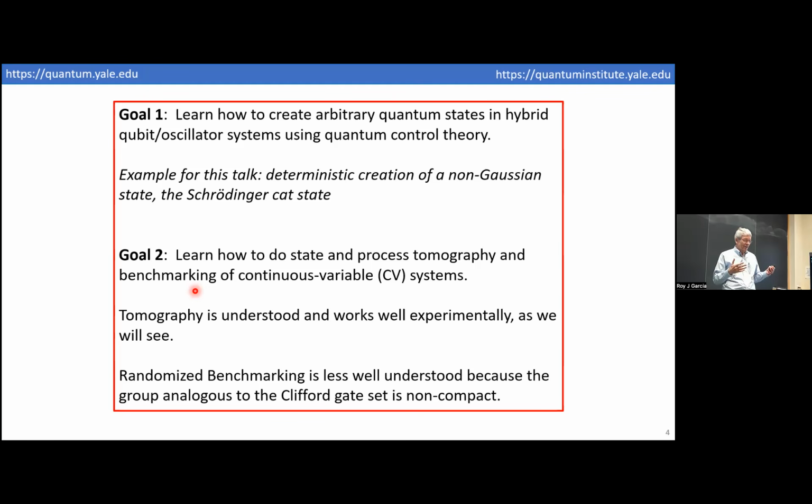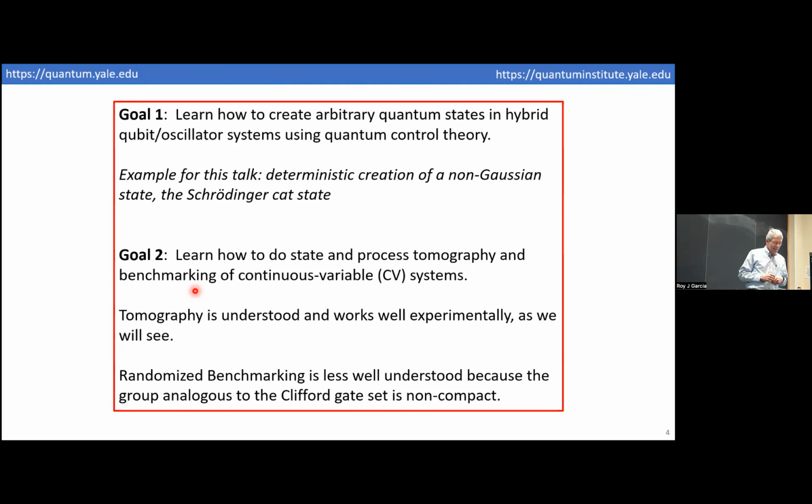Then we also need to learn not just how to control and make these states, but measure them and benchmark the processes that make them. We know something about tomography. We know how to measure the Wigner function of these states, for example, and it works well experimentally. But right now, we don't understand how to do an analog of randomized benchmarking, which in qubit circuits, you do a bunch of Clifford gates, you find one more gate that inverts all of that, and you measure how close to the identity you get.